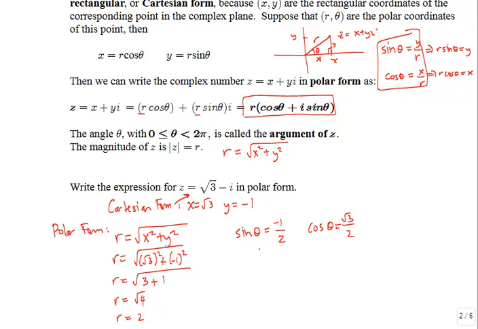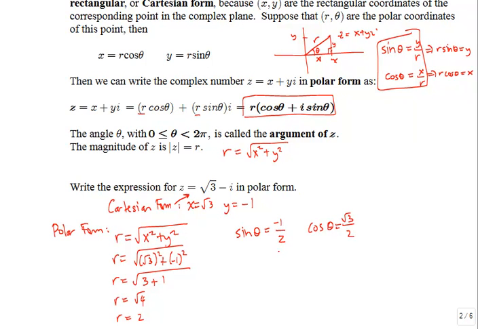So what angle between 0 and 2 pi has a sine value that's negative 1/2 and a cosine value that's root 3 over 2? Well, we know that combination of x being root 3 over 2 on the unit circle and y being positive 1/2 is normally a pi over 6 type angle.